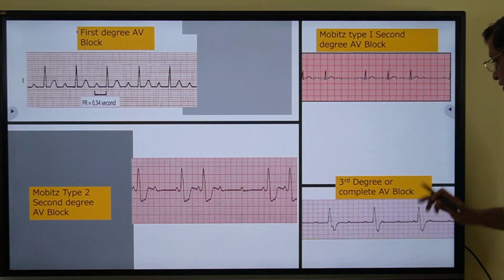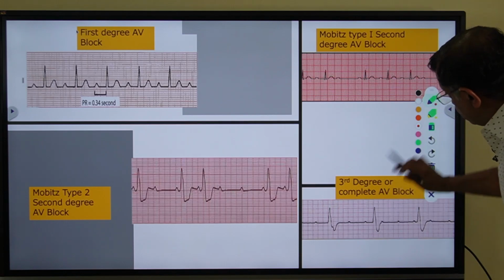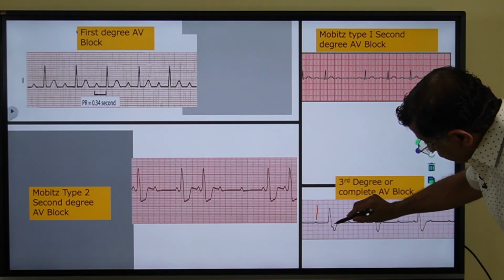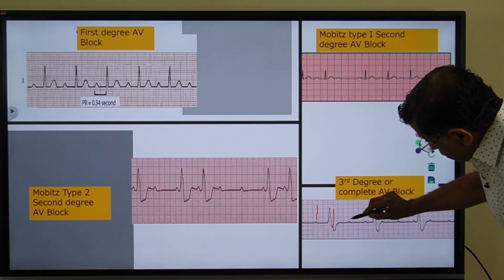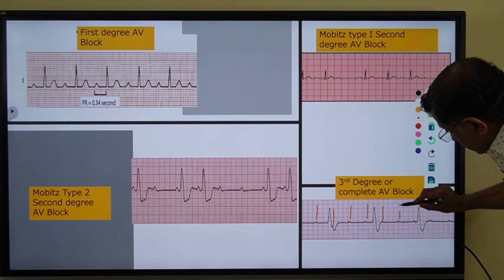And in third degree AV block, you see the atrial activity and ventricular activity totally independent. This is the atrial activity. This is a P wave. This P wave is buried here. Another P wave. Another P wave. This P wave is here. P wave here.